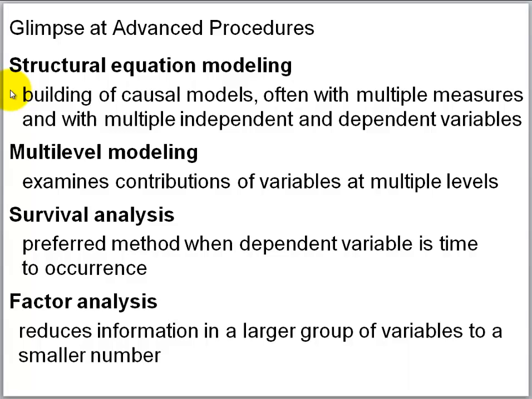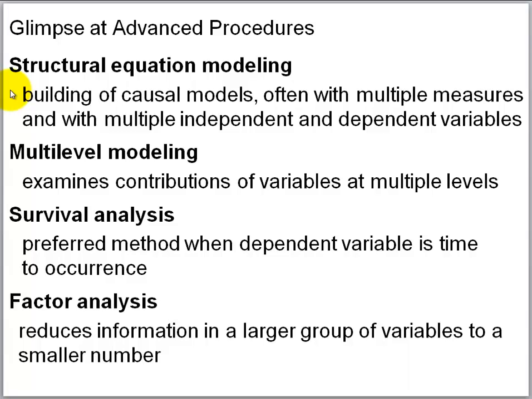Well, in chapters 10 and 11, we studied causal models. So what structural equation modeling involves are really two things. One, we build oftentimes fairly complex causal models showing the effects of particular variables on other variables.